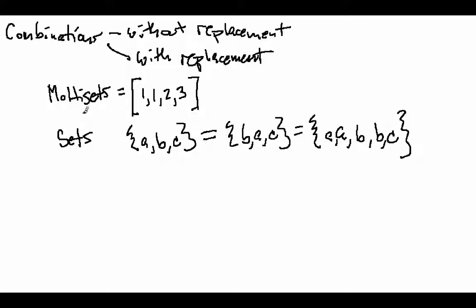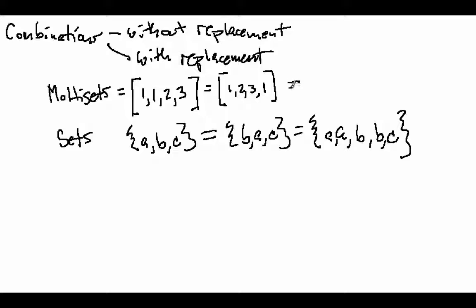Now remember, multi-sets are like sets, so that this is equal to this. In other words, we don't care about the order, but there is a match between the elements. And we can see that this set over here has 2 1s in it, and this set over here has 2 1s in it.